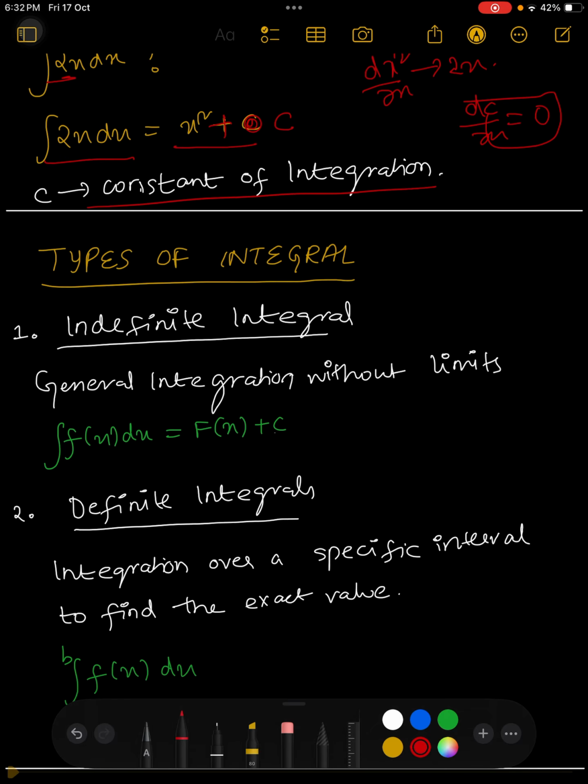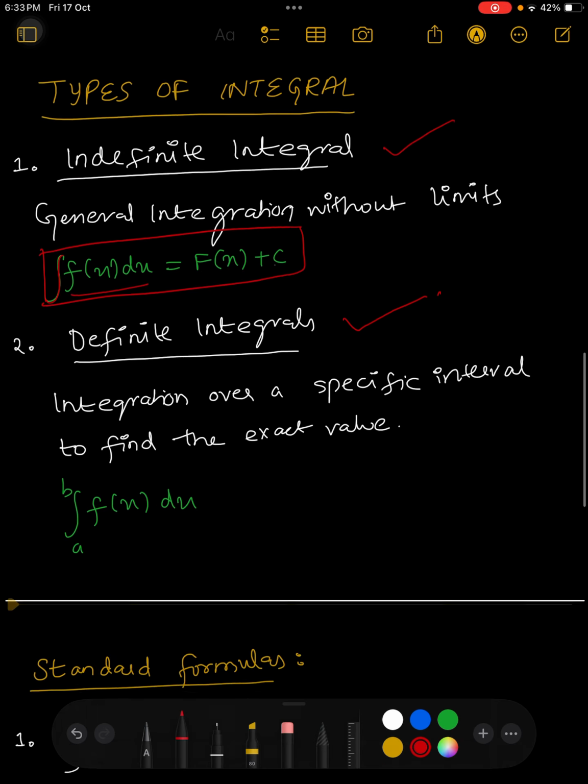Now we'll see what the types of integrals are. There are two types of integration. One is the indefinite integral and the second one is the definite integral. An indefinite integral is a general integration without any limits, and it's a general formula, like the integration of f(x) dx is F(x) plus c. We don't get the exact value in an indefinite integral.